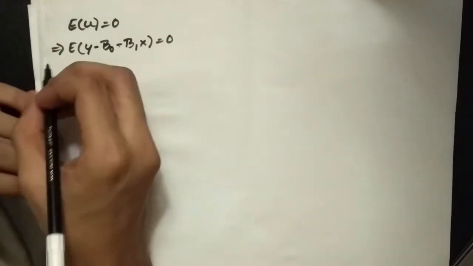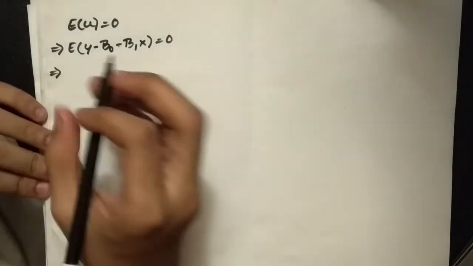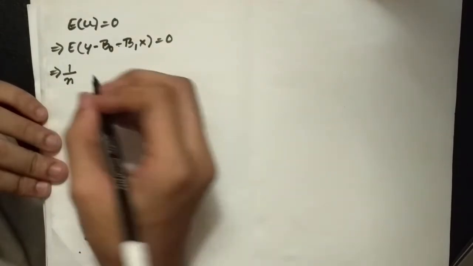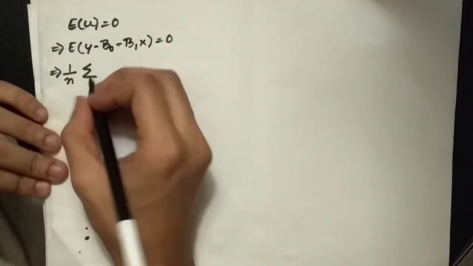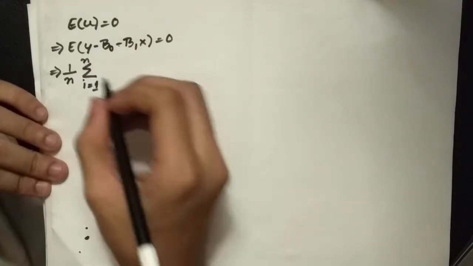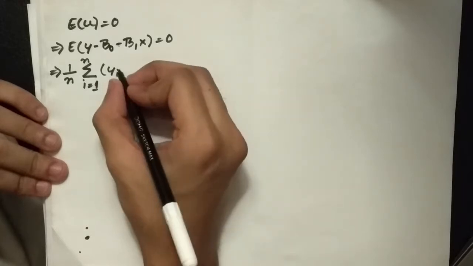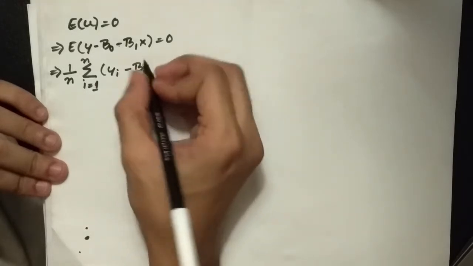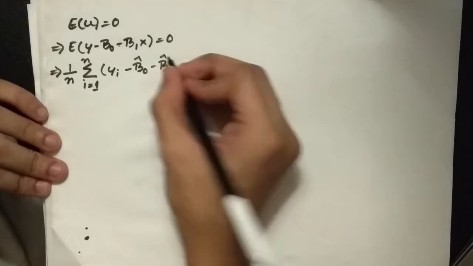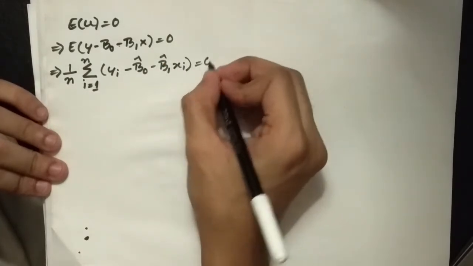Since this is the expected value, if we convert it into a summation operator, we can write this as 1 divided by n, the summation from i equals 1 to n, of yi minus beta naught hat minus beta 1 hat xi equals 0.